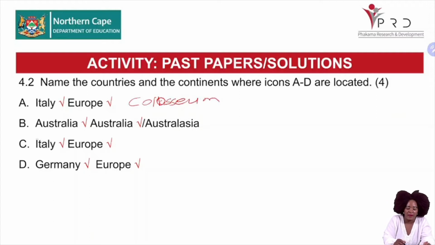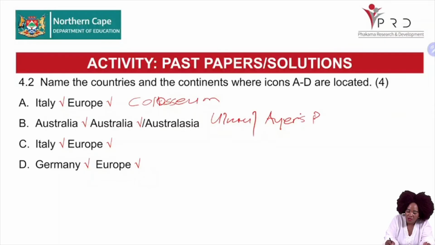Icon B, you remember, is Ayers Rock or Uluru Kata Tjuta National Park. So Ayers Rock or Uluru is situated in Australia or Australasia. So you will be correct if you write your continent like this.